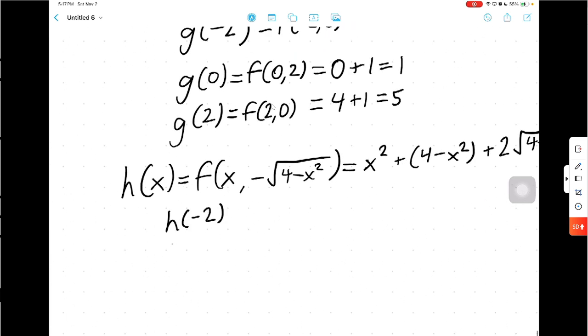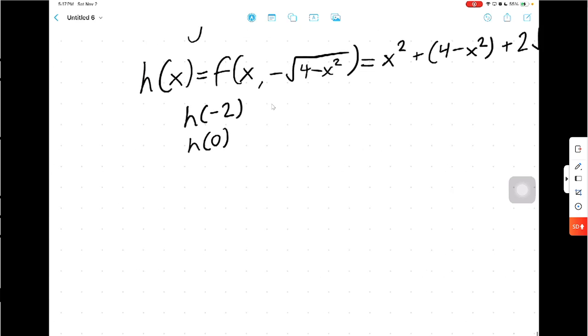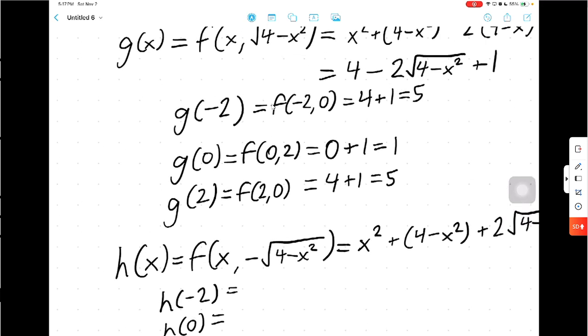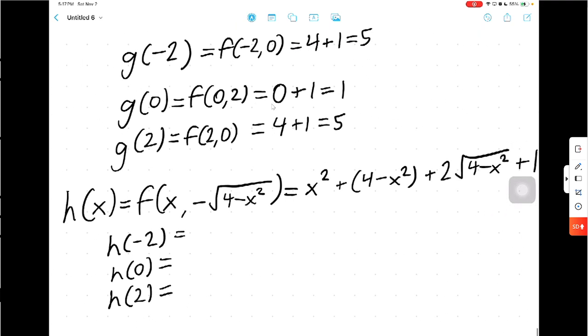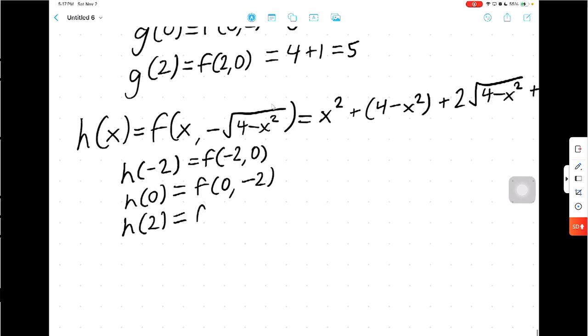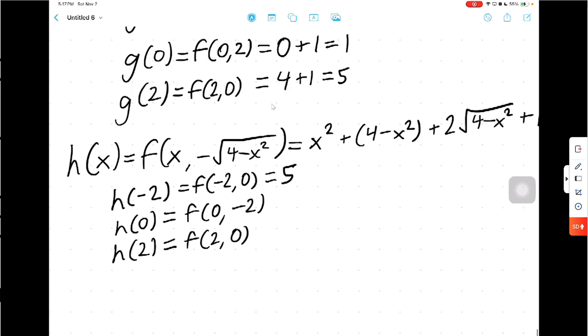H of negative 2, h of 0, h of 2, and then this one is going to be f of negative 2, 0, f of 0, negative 2, and f of 2, 0.